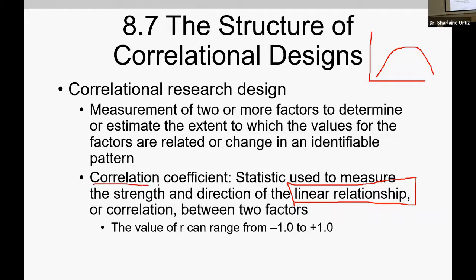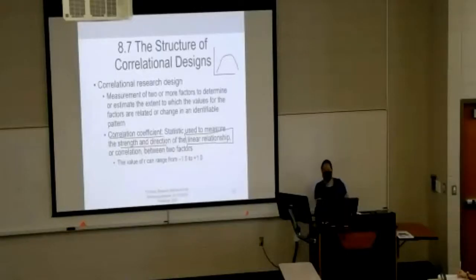Again, the correlational coefficient tells me about the strength and direction of a linear relationship, should there be, in fact, a relationship between them. Now, we have talked about the correlation coefficient before.